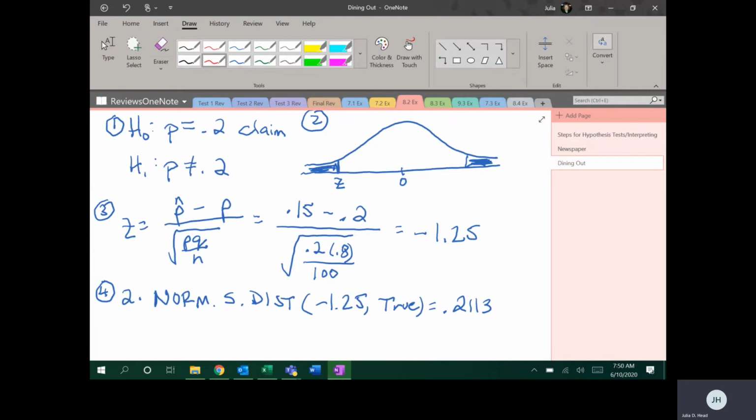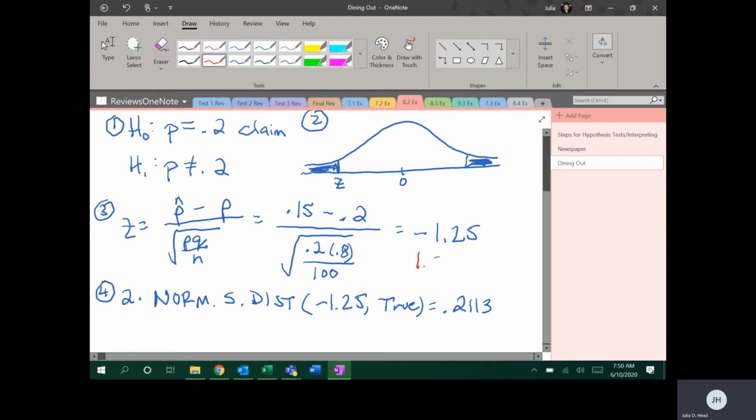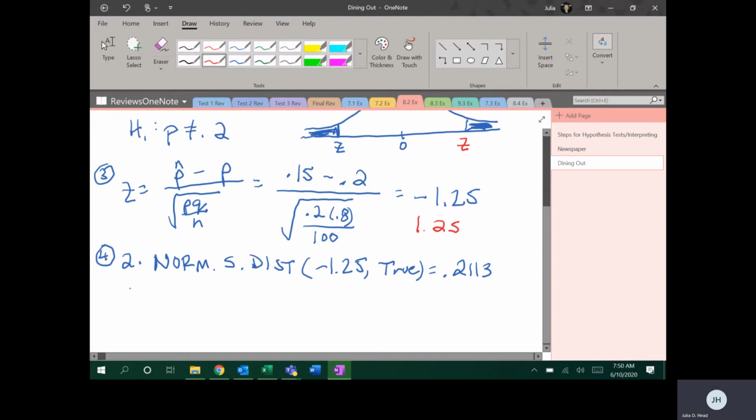Now, just to note, let's suppose, even though I know this didn't happen, let's suppose we had gotten positive 1.25. Then I would have left my z on the right-hand side, and I would have said that the p-value equals, it's still two-tailed, so there's still two of these that I'm going to calculate.